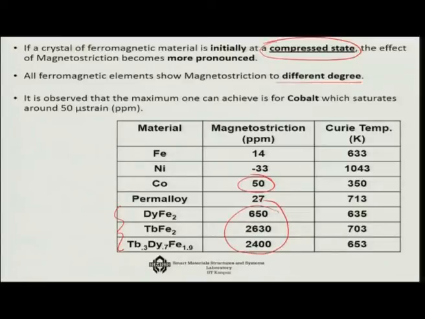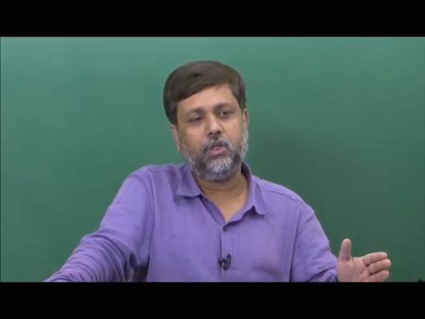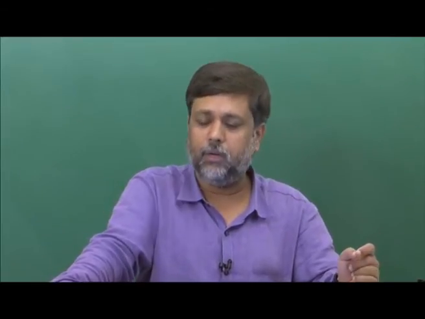And the other interesting thing is that, very similar to piezoelectric material, which has a Curie temperature, meaning that beyond that temperature the piezoelectric property gets lost, magnetostrictive materials also have a Curie temperature beyond which the magnetostrictive property gets lost.